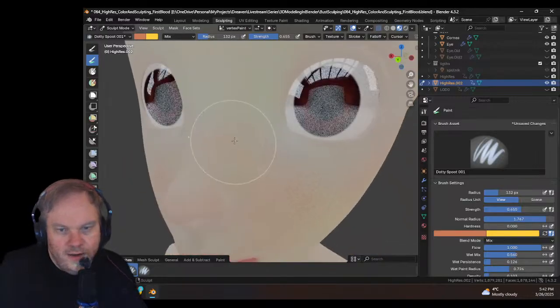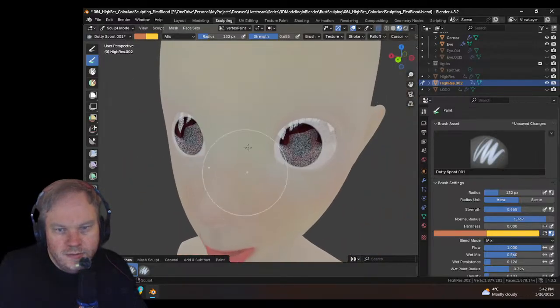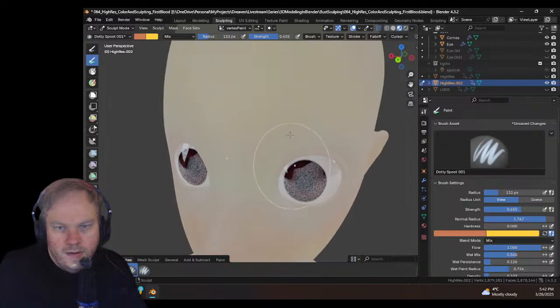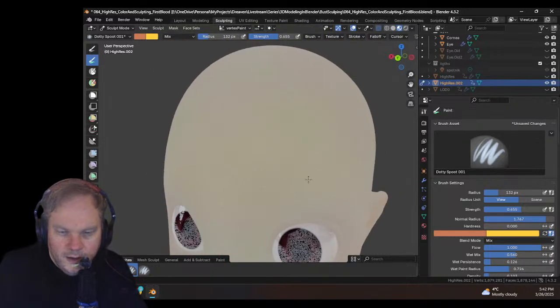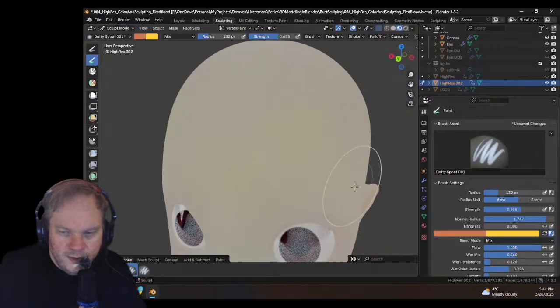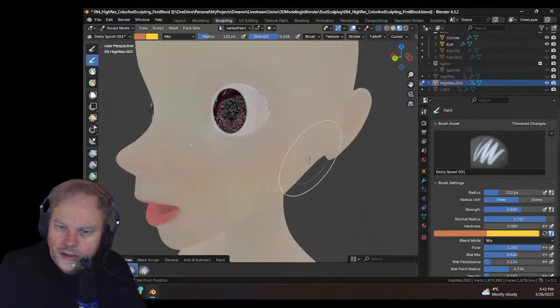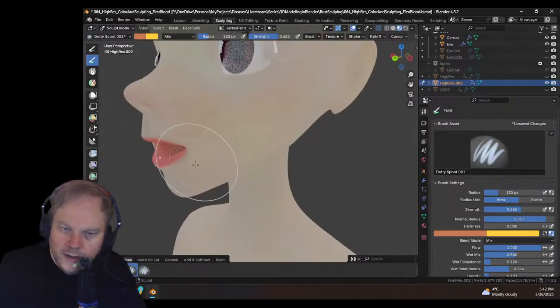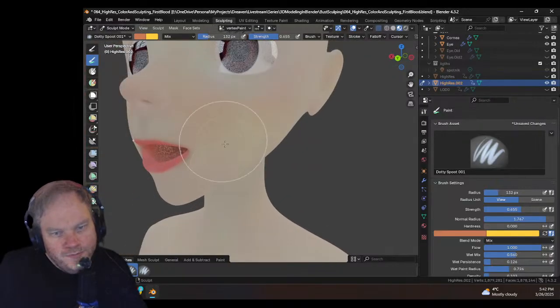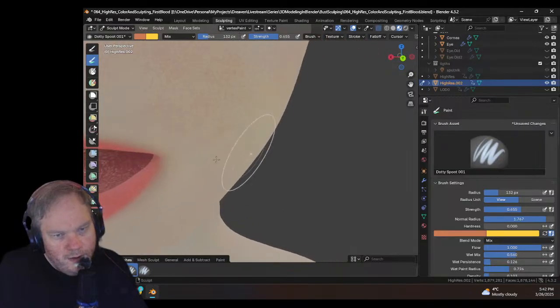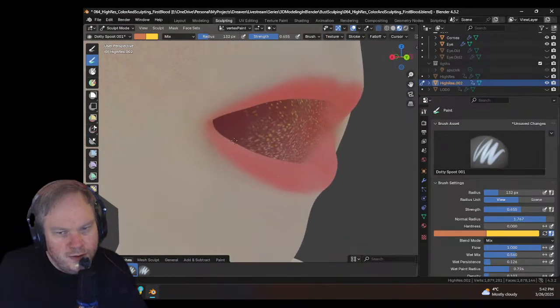We could add them with the texture. In French we say beauty marks, kind of beauty grains.